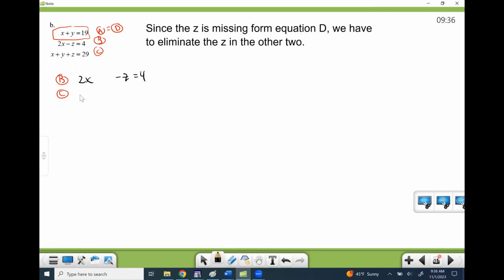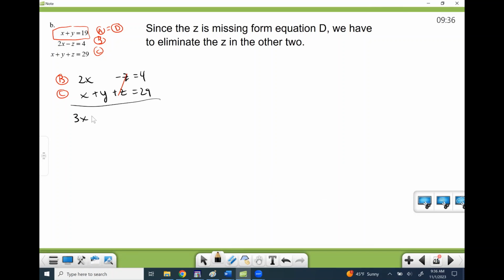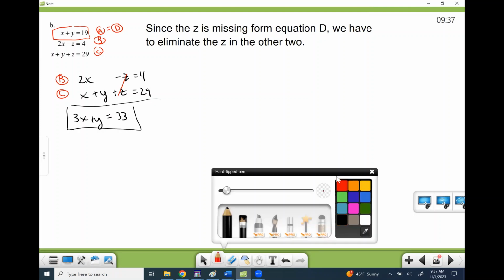So that way I can stack these two on top of each other and still have everything lined up. Okay. All right. So then look, the Z's already cancel. I love this problem. Okay, so this is going to end up being 3x plus y equals 33. And this is equation E.